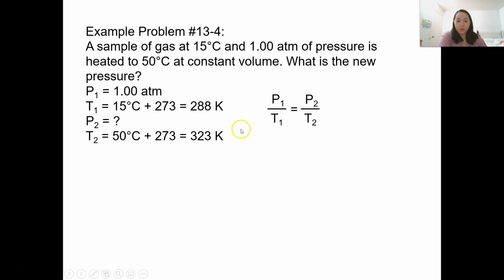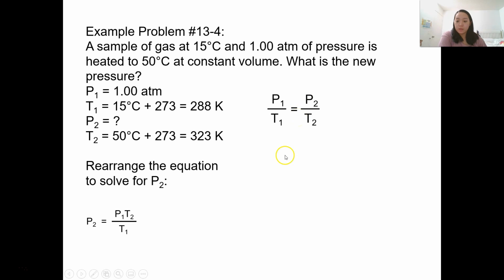So, like before, I want to rearrange this gas law in order to solve for P2. In order to do that, I am going to multiply both sides, so P1 over T1 and P2 over T2, both sides by T2, giving me this equation. And then all you got to do is plug in the numbers and solve.